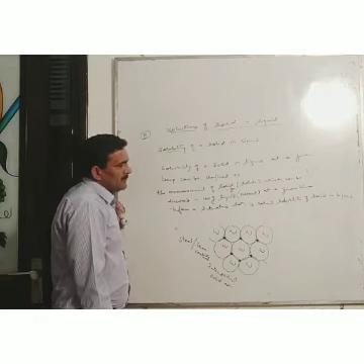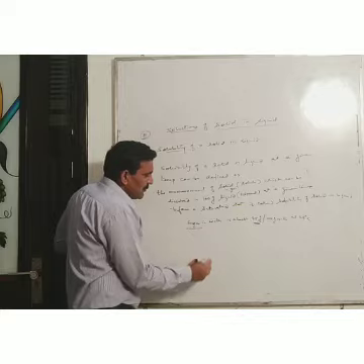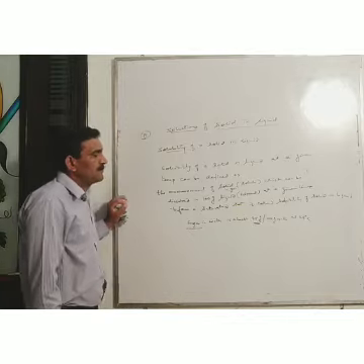Yani this is the maximum amount of sugar which can be dissolved in 100 gram of water at 25 degrees Celsius. After dissolving 35 gram sugar in 100 gram water at 25 degrees Celsius, we obtain a saturated solution of sugar in water.